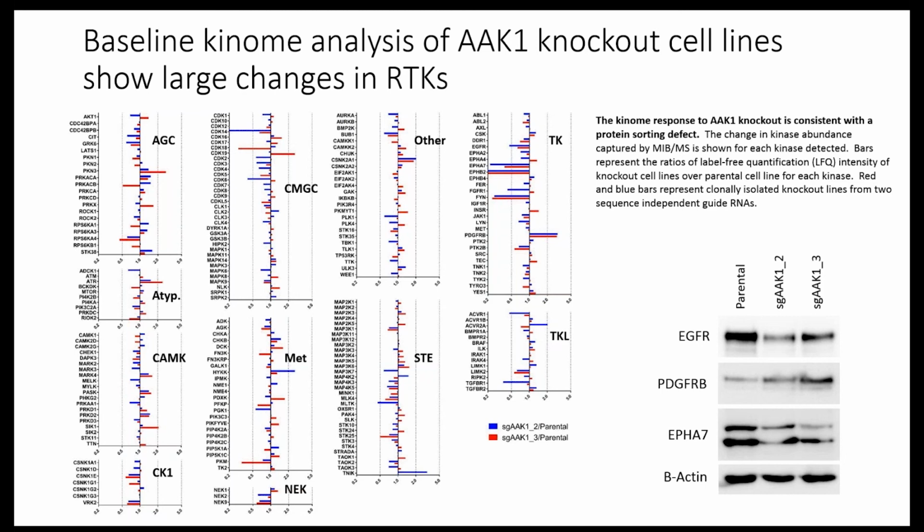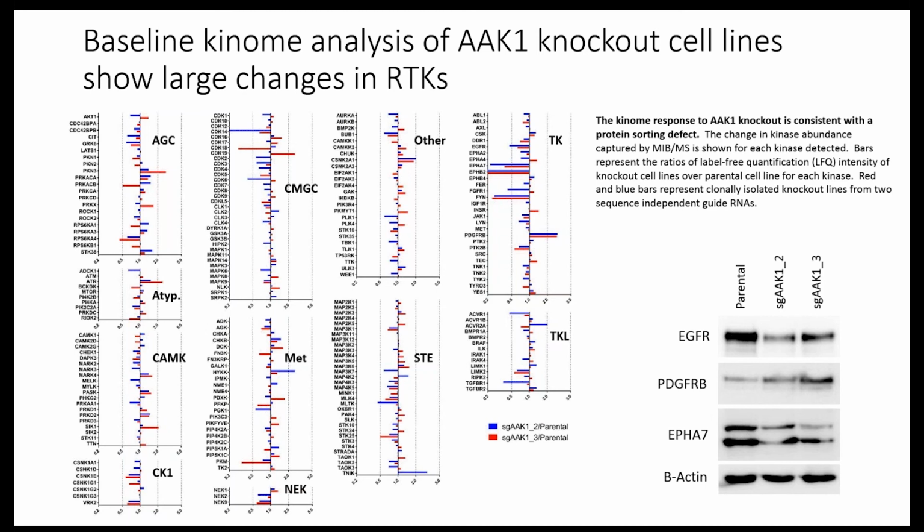Kinome profiles, and what you can see, for example, is a marked decrease. So what we're looking at is the ratio of inhibitor bead binding of kinases with the knockout relative to wild type. So anything that has a value of 1 means that ratio hasn't changed.